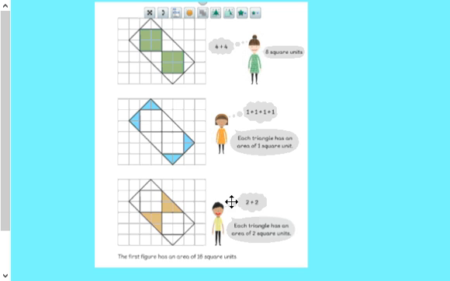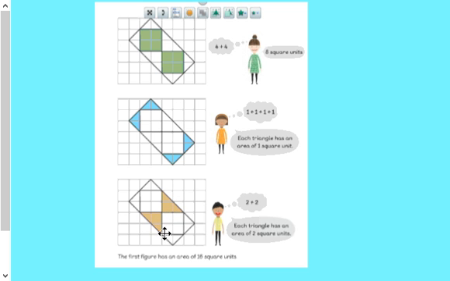Now that leaves us with these 2 larger triangles here. And if we were to put those 2 together, they'd be like one of these squares here. They'd be worth 4 squares. If I was to put that onto there, we would have a shape that would be 4 squares.